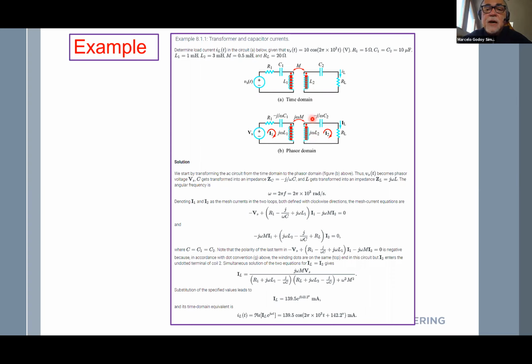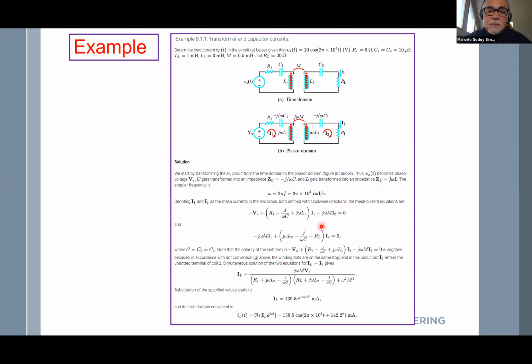C2 becomes minus J divided by omega C2. So from the time domain, I redraw it using the phasor domain. And then I write my equations. So I can write an equation on this side, KVL here, KVL here. I have two equations, two unknowns.